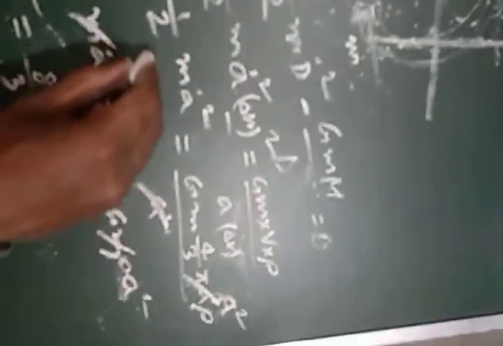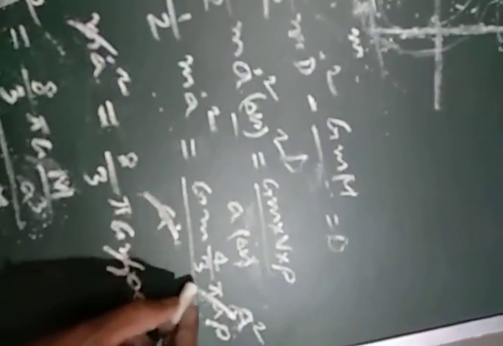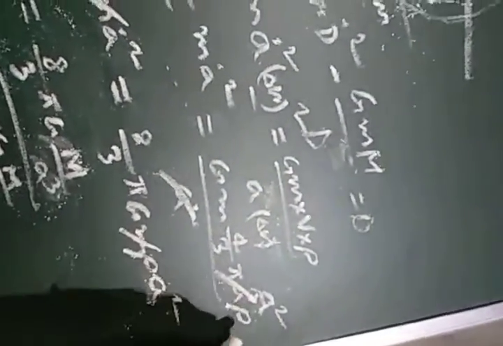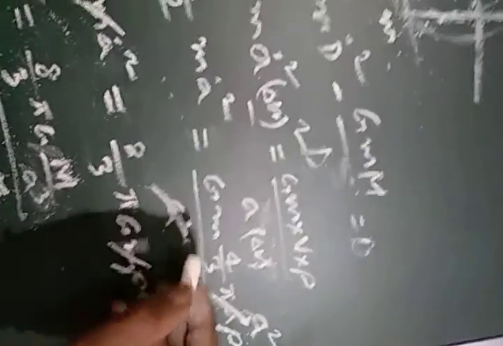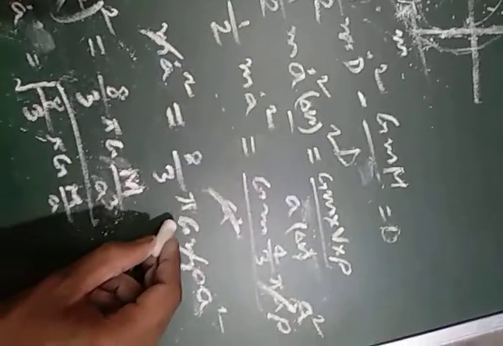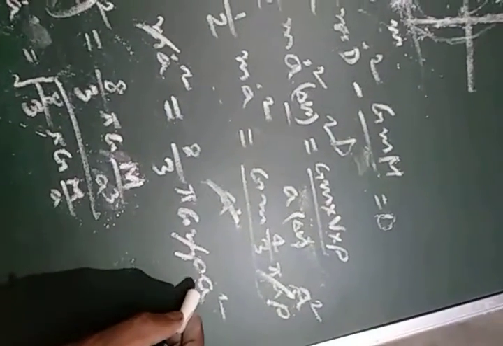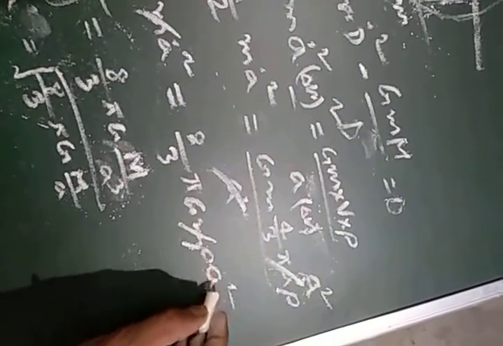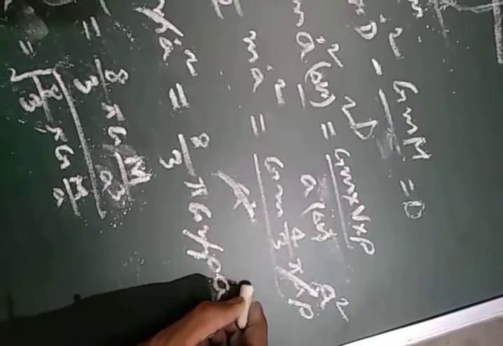Then half into m times a dot square equals G into m into 4 by 3 pi a cube rho divided by a square, and this gives us a dot square equals 8 by 3 pi G rho times a square. Now this a square comes over here.